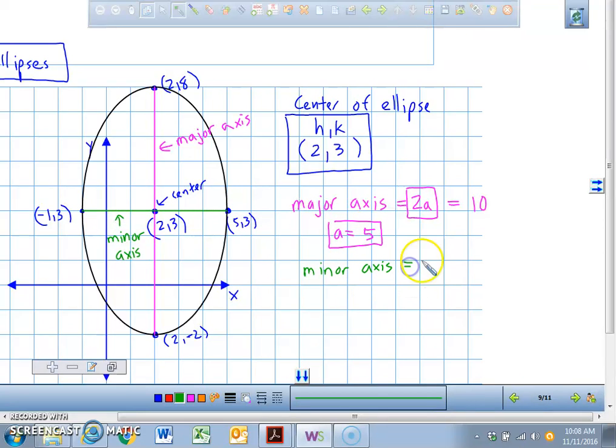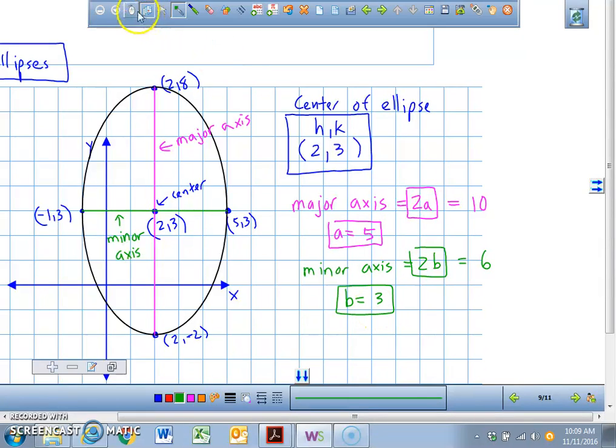And your minor axis is going to be equal to 2 times b. And your minor axis is how many units long? 6. Which means your b value will equal 3. Now this is going to be important when we build our formula. So right now, we have all the information we need to build a formula for this particular ellipse.